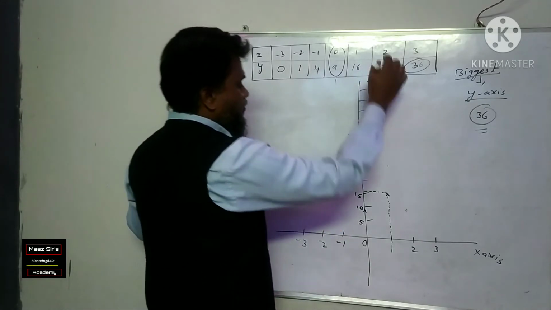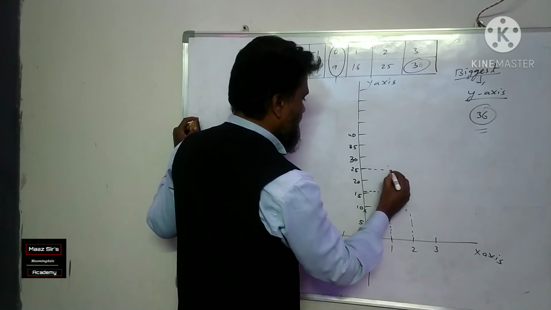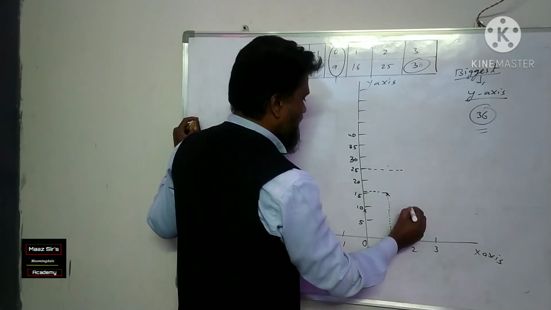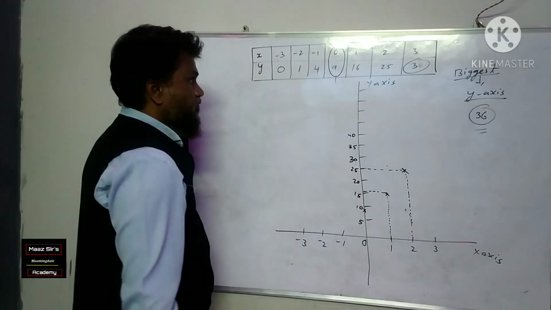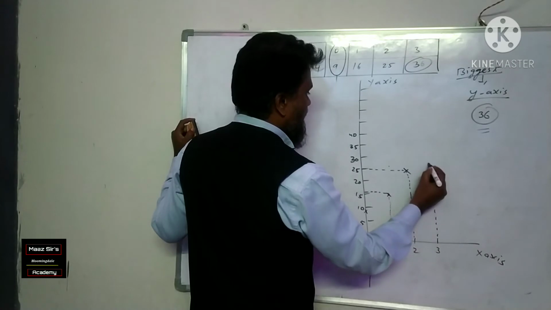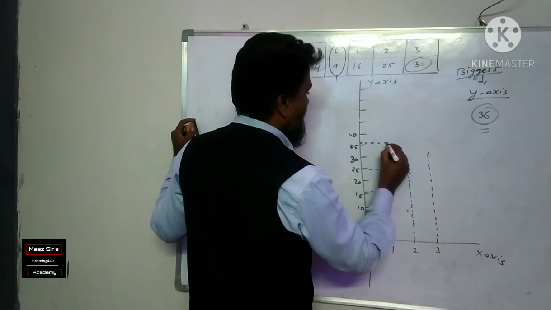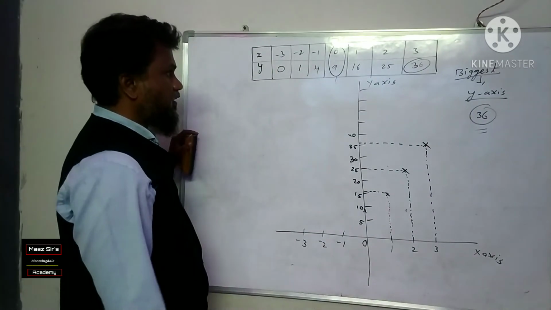Similarly for 2, the value is 25, so I am taking this point here. Next, for 3, you are getting the value of 36. So 36 is here, and this is our coordinate.